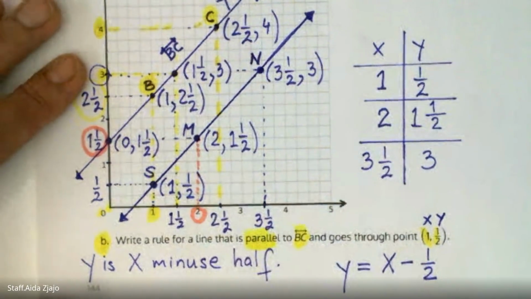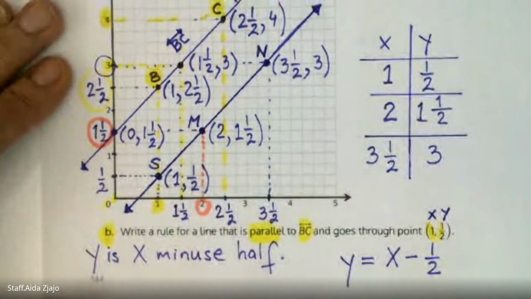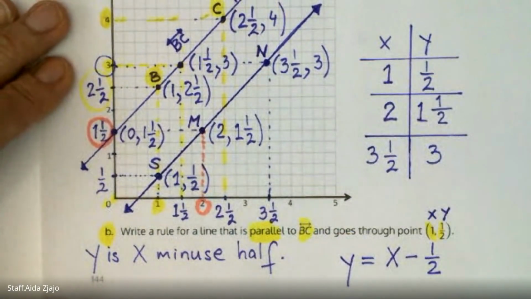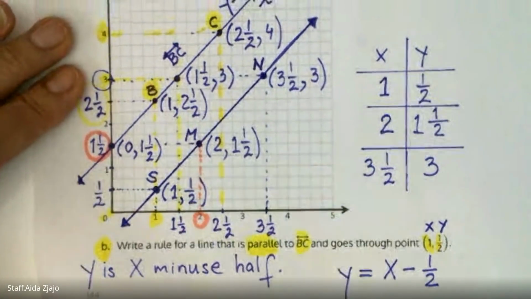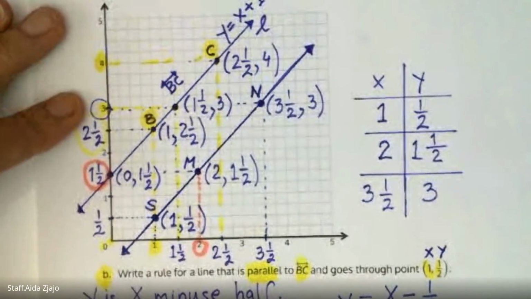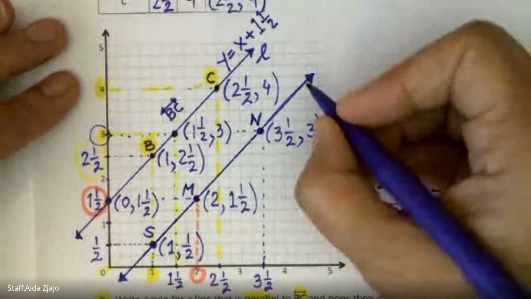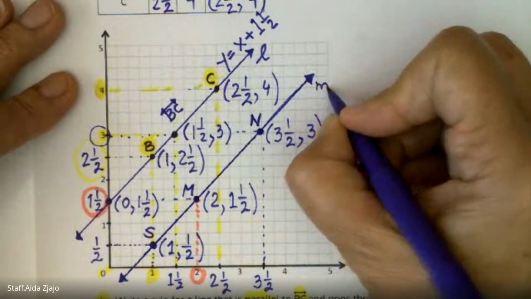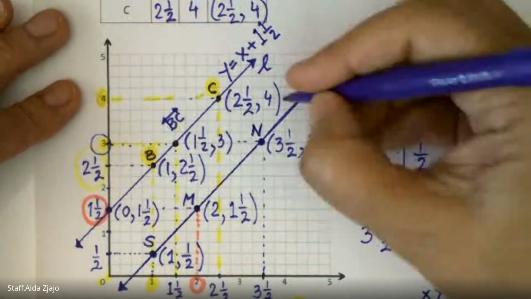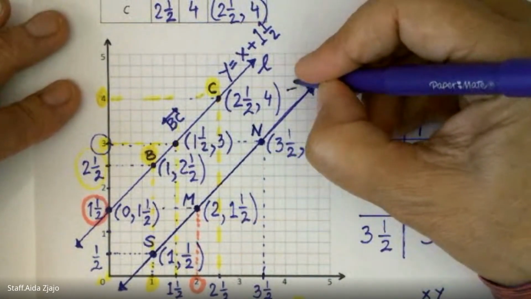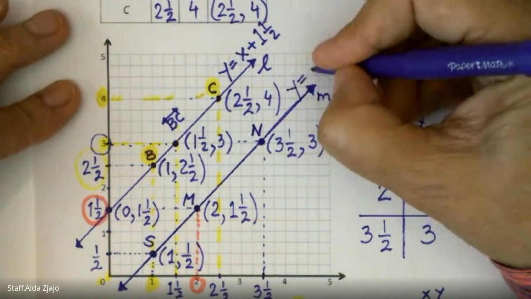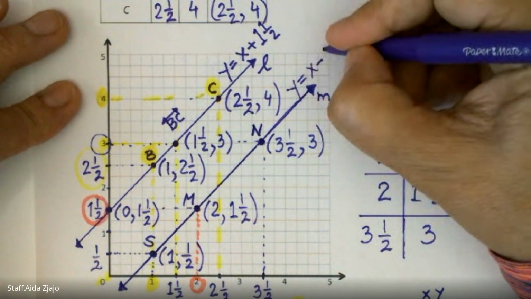I can do just writing half. Y is x minus half. Okay, and then if I want to label this, I can call this line M. And I can also say that y equals x minus half.